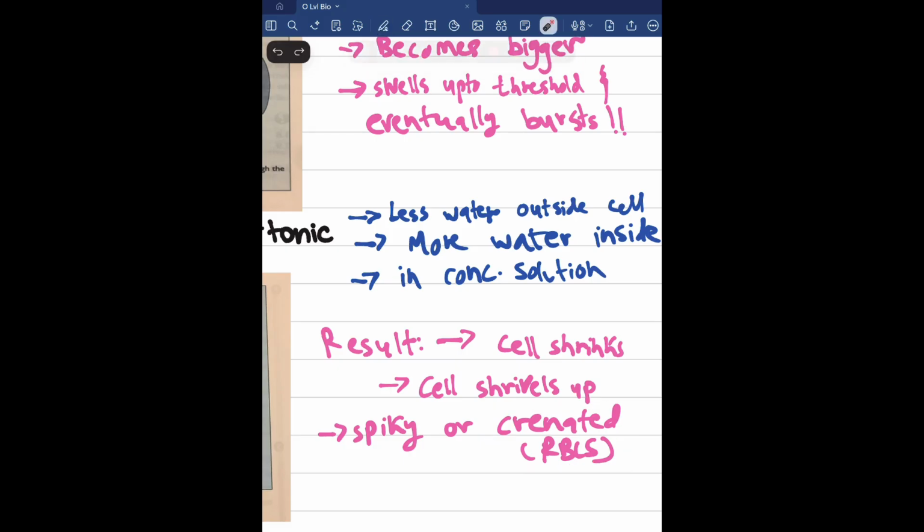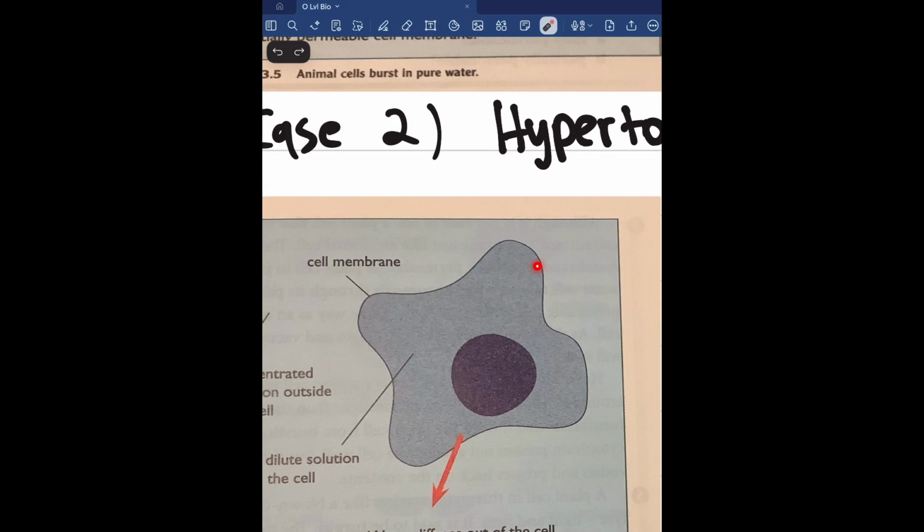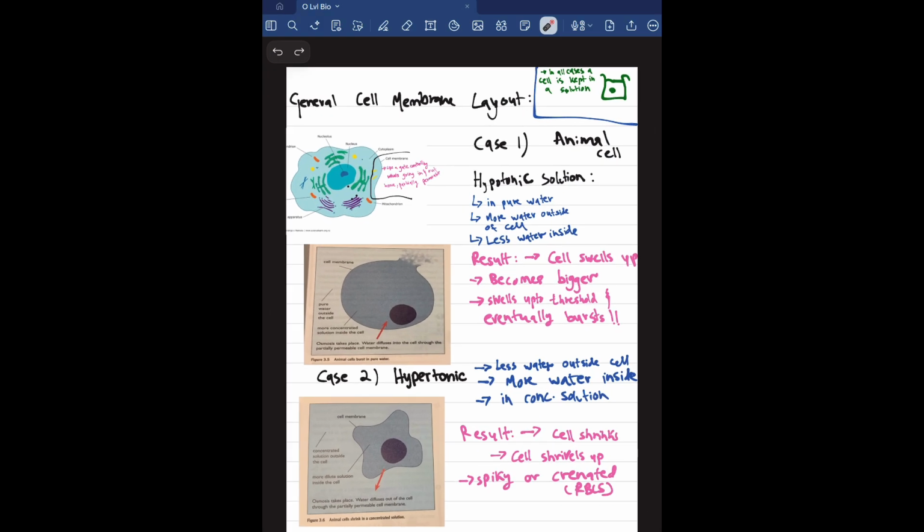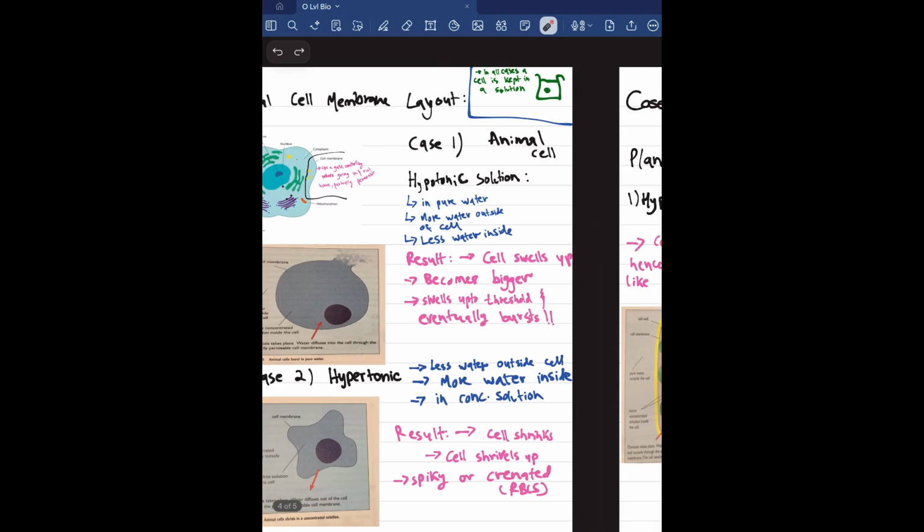These are the marking scheme words: crenated, spiky, shrivels up and shrinks. And if I show you what happens, this is the spiky appearance. Why? Because all the water that was inside came out. It lost its shape. So these are the basic animal cell cases in a hypotonic and a hypertonic solution.